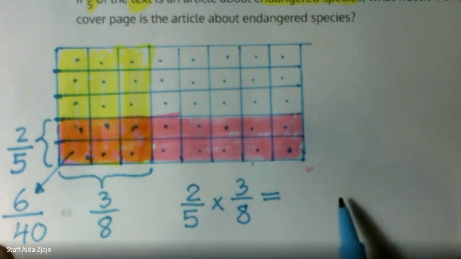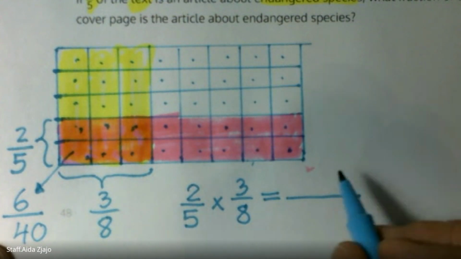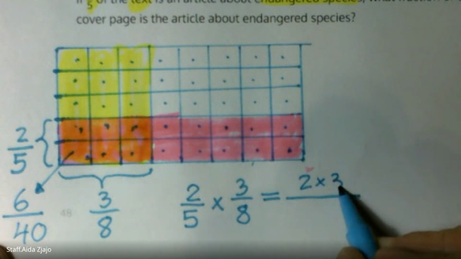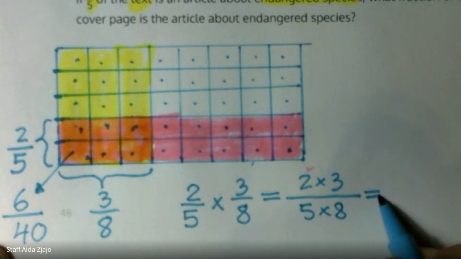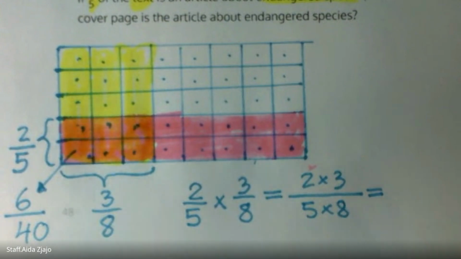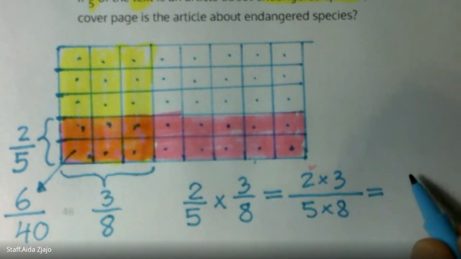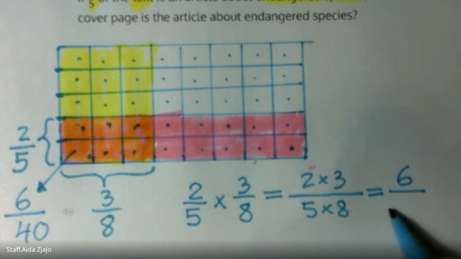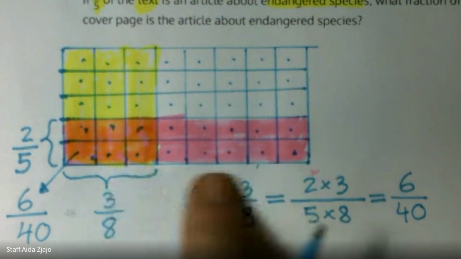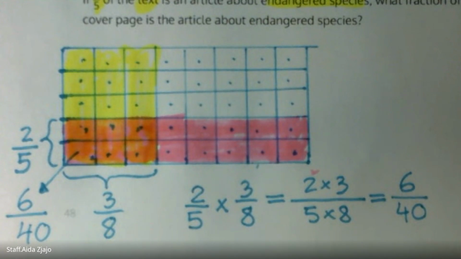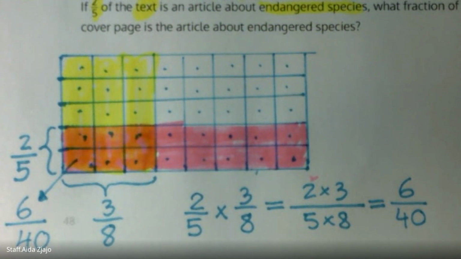Then we can do 2 times 3 and 5 times 8, and we arrive at the same answer. 2 times 3 is 6, and 5 times 8 is 40. And so that's one answer. That's 6 out of 40 pieces are the text on endangered species.